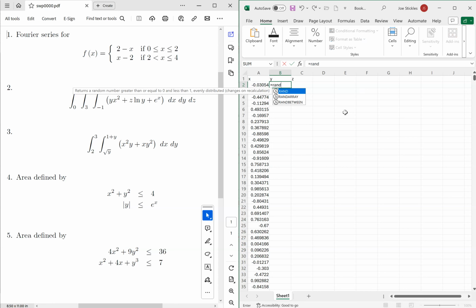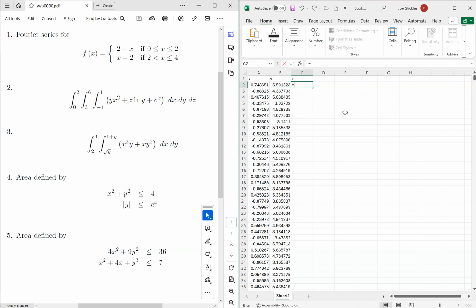The commands for the next two columns are the same. We're just going to change the interval that we're worried about. Let's create 5,000 y values between 3 and 6. And let's calculate 5,000 z values between 0 and 2.